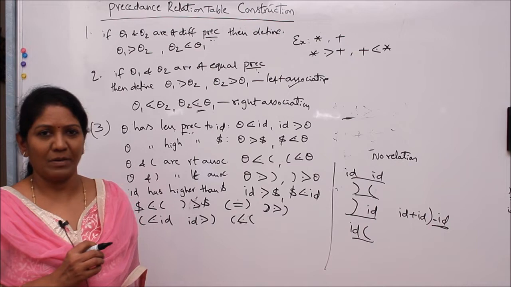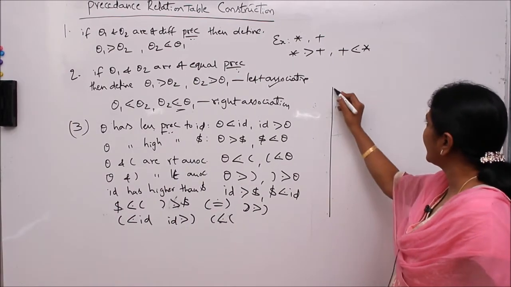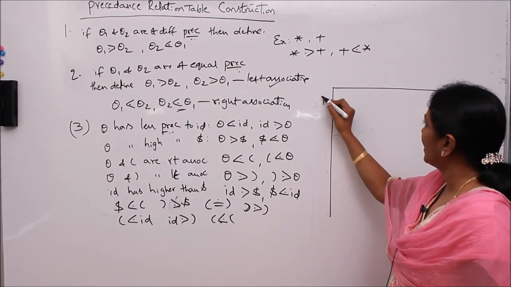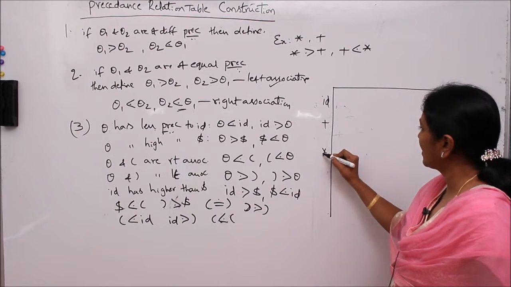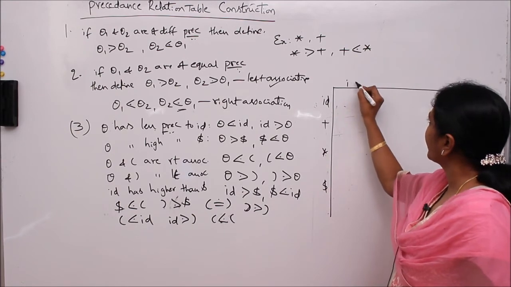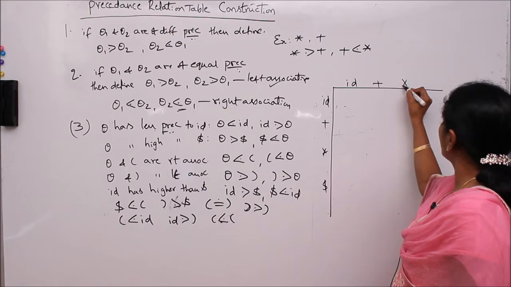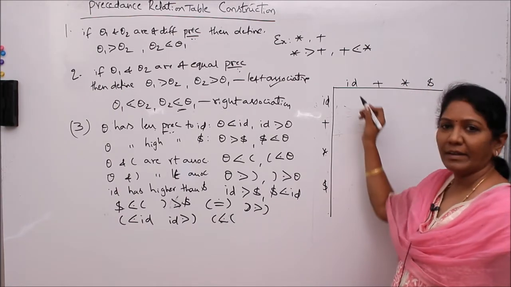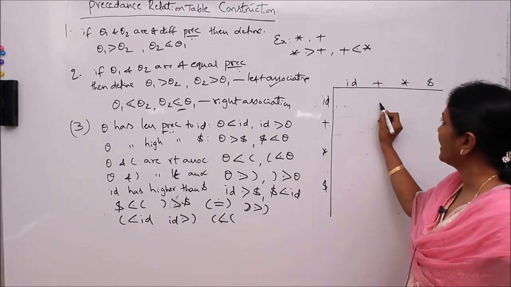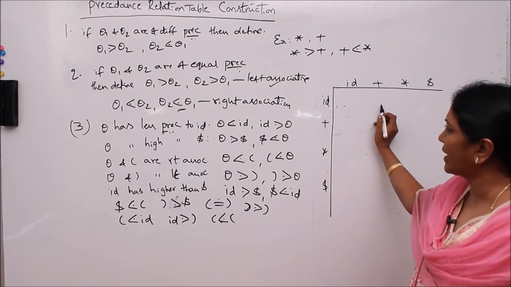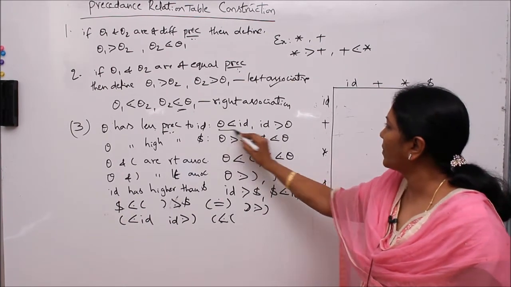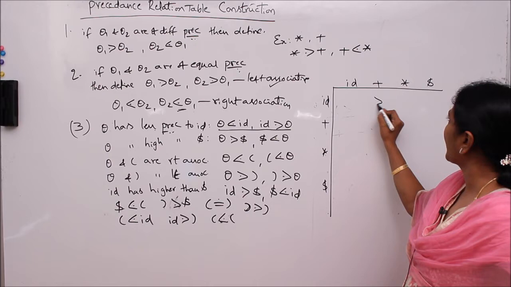Let us take an example. Whatever table we have used earlier, let us prepare that table for ID plus star dollar by using all these rules. Between ID and ID, no relation. ID and plus, what is the relation between ID and operator? ID and operator is greater.